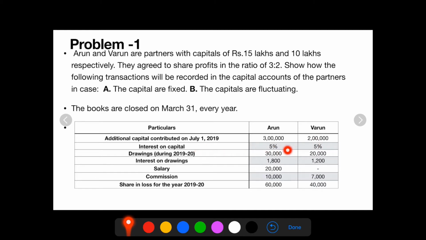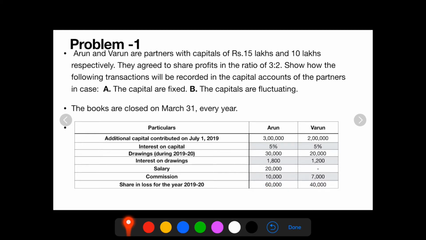Interest on capital being 5% each. Drawings 30,000, 20,000. Interest on drawings 1,800, 1,200. Salary only for Arun 20,000. Commission 10,000, 7,000. Share in loss for the year 2019-20, 60,000 and 40,000.